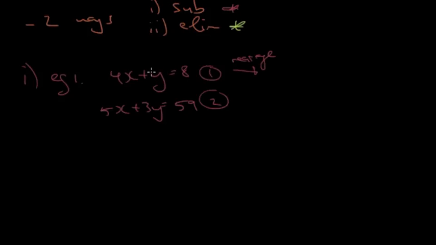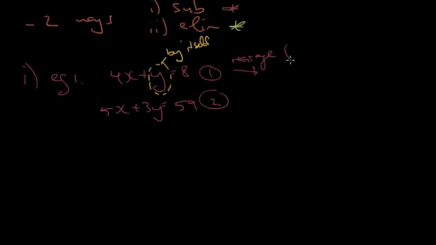So the first thing we notice here, and the first thing that gives us the hint that substitution is going to be a pretty easy method, is the fact that the y here is by itself. So it could be the x by itself or the y by itself, but by itself. And that means that in a couple of easy steps we can have the y on one side, or actually in this case it's one step.